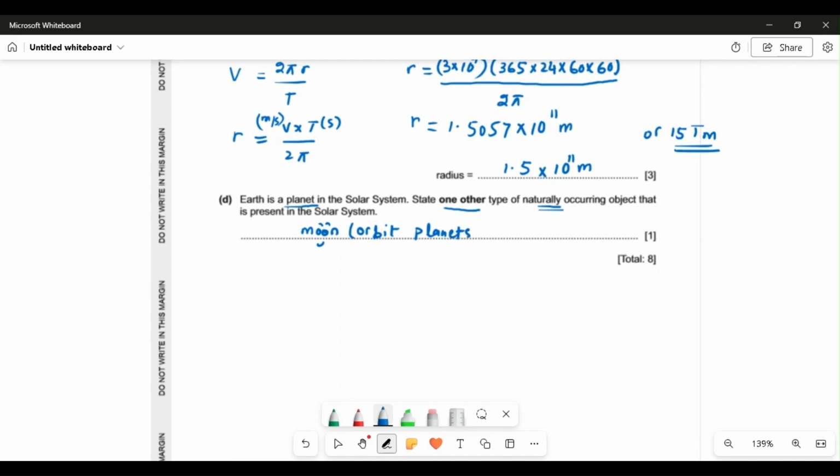We can also say asteroids. You can say naturally occurring satellites. Natural satellites are also this. Comets are also naturally occurring, but we have to write one of these. So this is our answer.